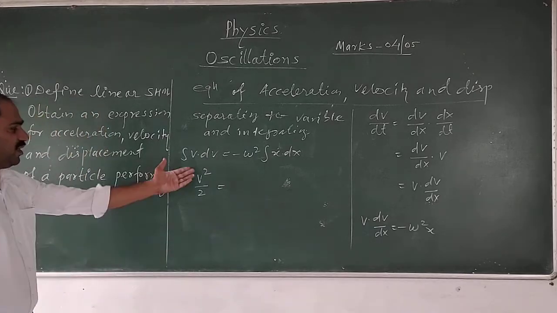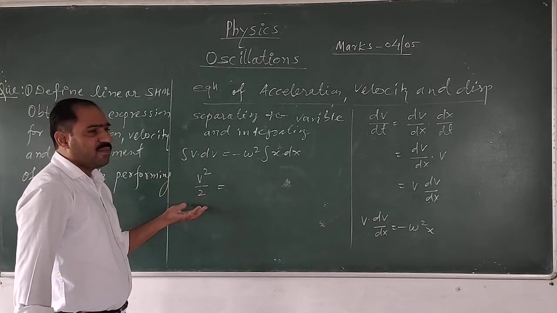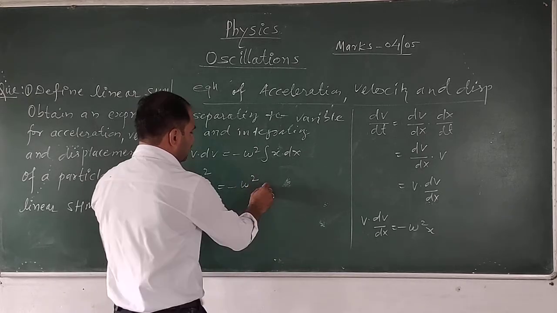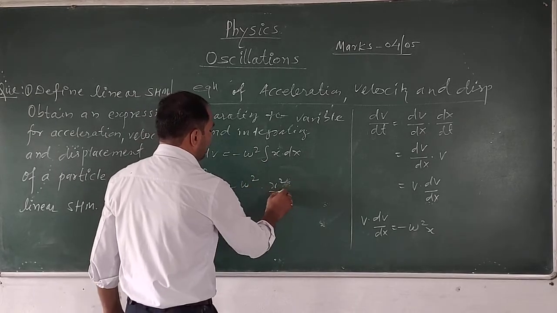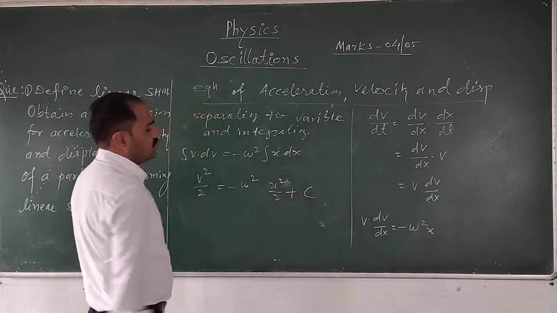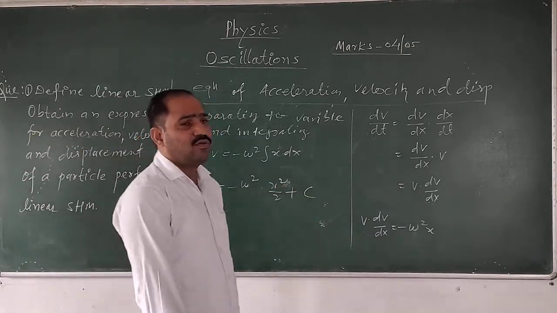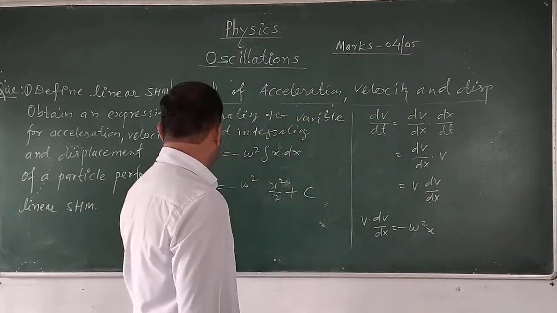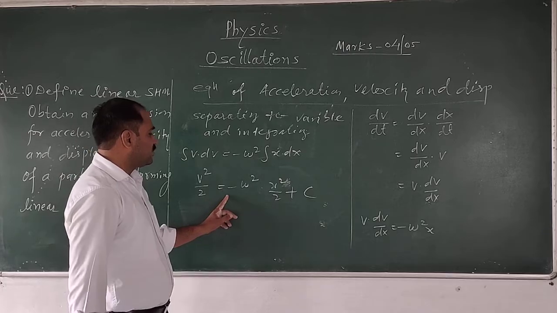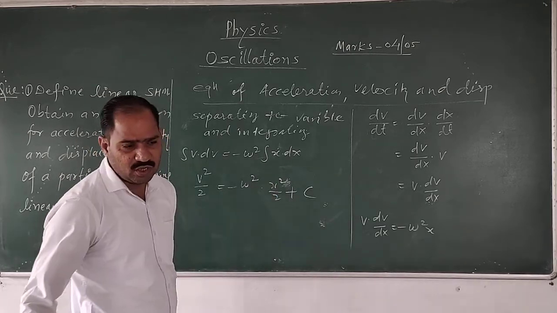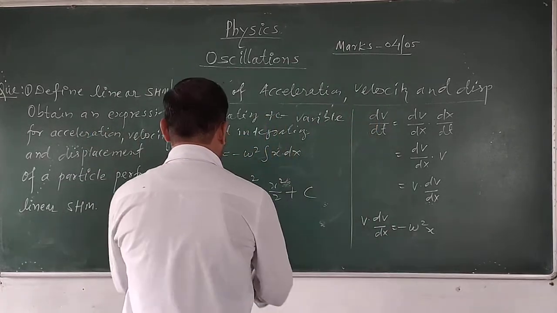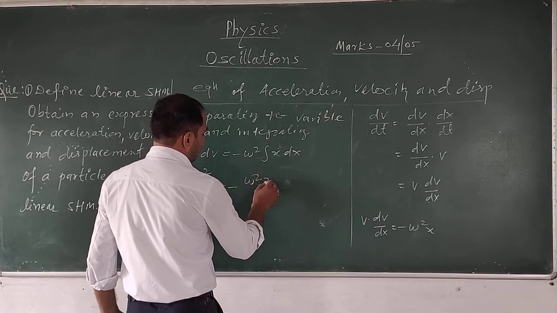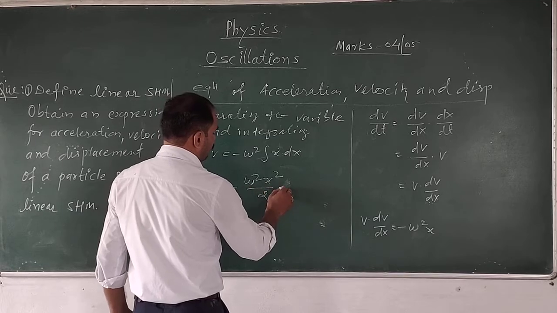So we get v square by 2 is equal to minus omega square, after solving, x square by 2, plus c, where c is the constant of integration, which we have to find. Here v square by 2 is equal to minus omega square x square by 2 plus c.